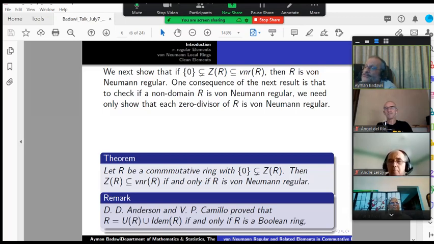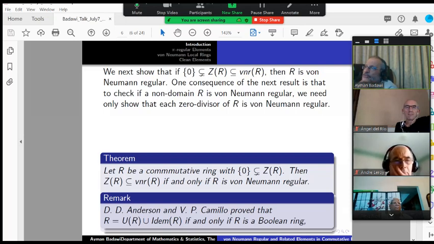So here, this result tells me: let R be a commutative ring such that the set of zero divisors of the ring is not equal to zero. Then the zero divisors are von Neumann regular if and only if R is a von Neumann regular ring.